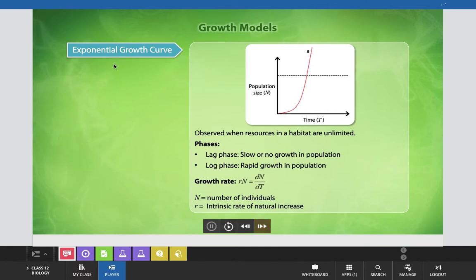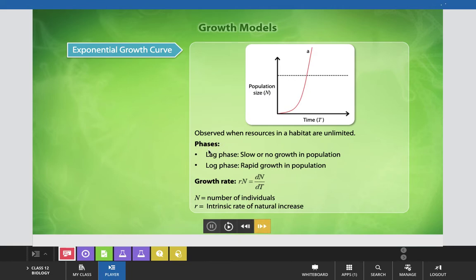Here you will be able to see the curve which is a J-shaped curve, and this type of growth curve is known as the exponential growth curve. In this J-shaped curve, or exponential growth curve, we observe this type of growth when resources in a habitat are unlimited.